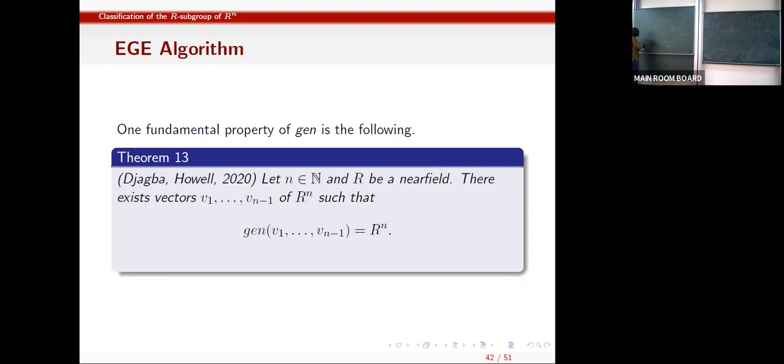Like (1, w1) must be different from a scalar multiple of (1, w2).